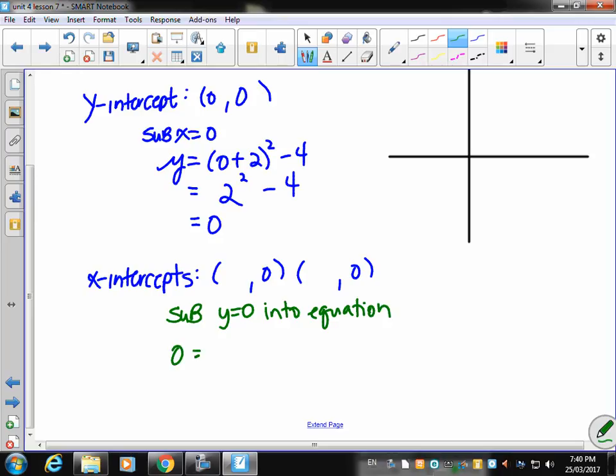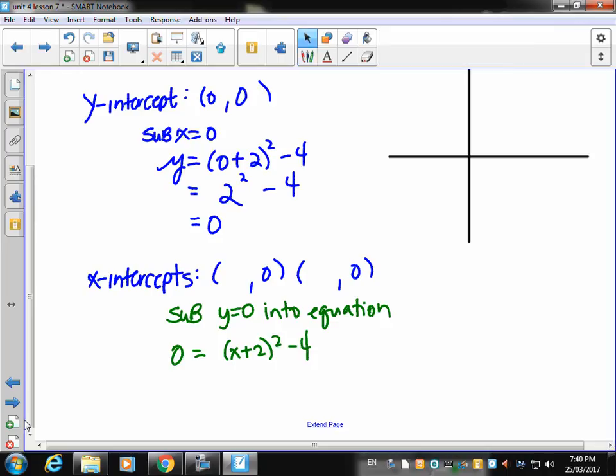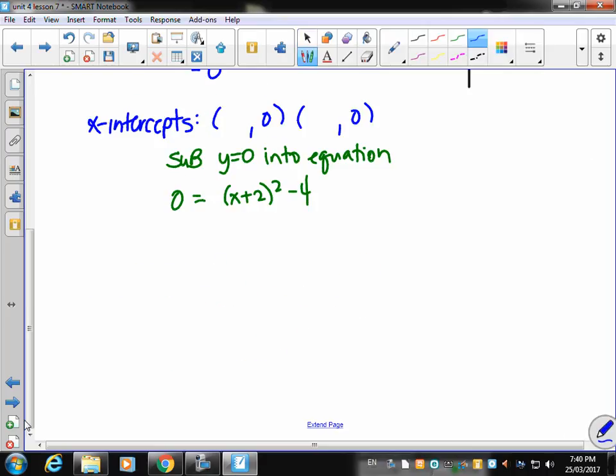0 equals (x plus 2) squared, subtract 4. And I want to solve for x. So I want to get x by itself. I'm getting rid of all the extra stuff around it. First of all, I'm going to add 4 to both sides to get rid of that subtract 4. I have 4 equals (x plus 2) squared. The next thing I'm going to do is get rid of the little square. To get rid of a square, you square root.